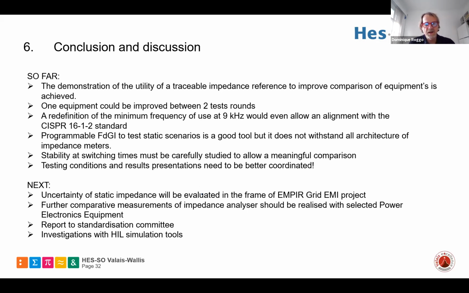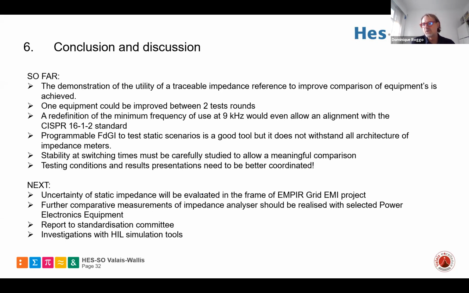For the next part of this, we have a project to have the uncertainty of static impedance evaluated in the frame of the Ampere Grid ME project. We need to maybe move towards comparison with converters, select a couple of interesting converters and check all these impedance meters.